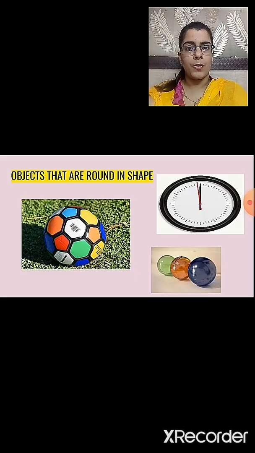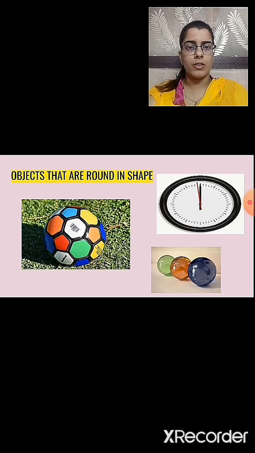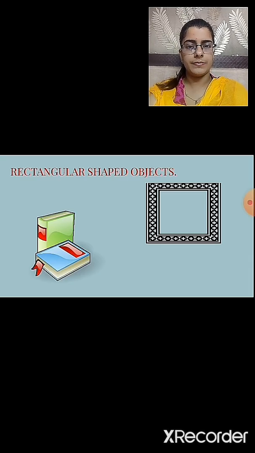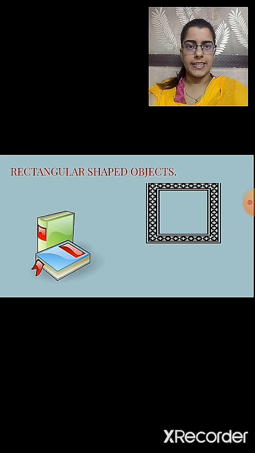We can group the objects that appear round in shape like the football, the marble ball or the wall clock. Some of the fruits also appear round in shape. You can also group some of the objects as rectangular shape like TV, books, etc.